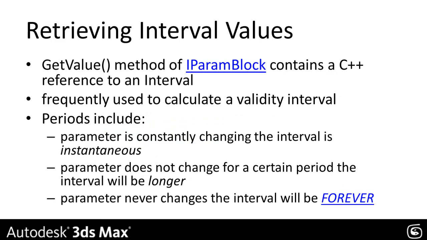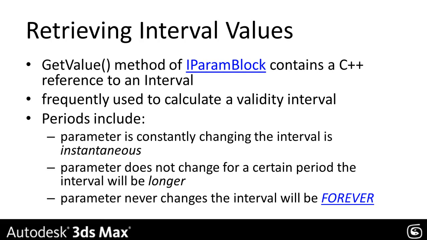So retrieving interval values, there's a GetValue method of IParamBlock that takes a reference to an interval. It's frequently used to calculate the validity interval. So your parameters are the things that you want to validate.